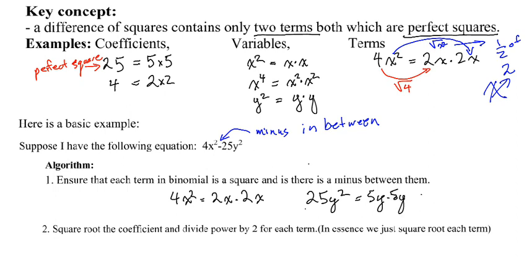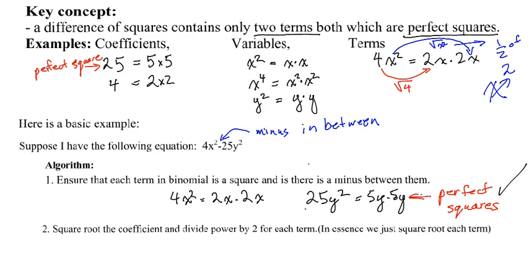So we know those are perfect squares based on what we talked about earlier. We'll just check that off right away. So we do know they're perfect squares, and because there's a minus sign in between them, guess what? This is a difference of squares.